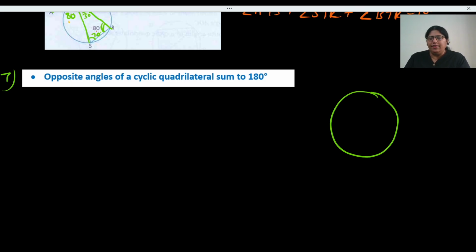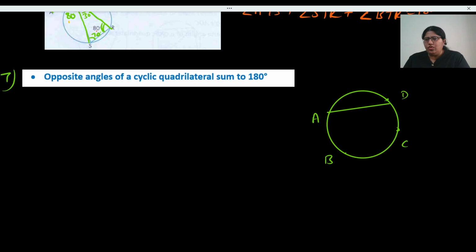So here if I take a circle, whether there is a center or no center does not matter. I can take any 4 points on the circle, and if I join those 4 points, whatever quadrilateral I get, that is called a cyclic quadrilateral.